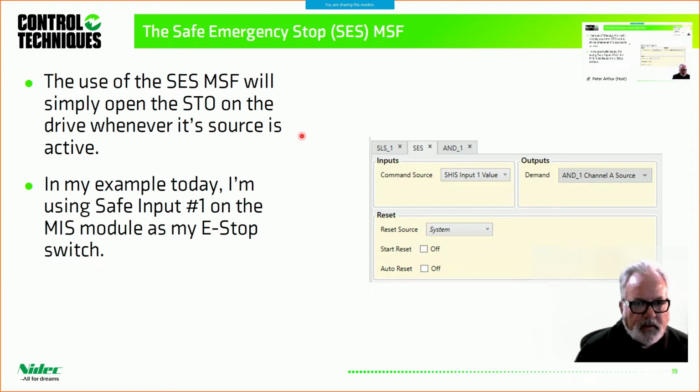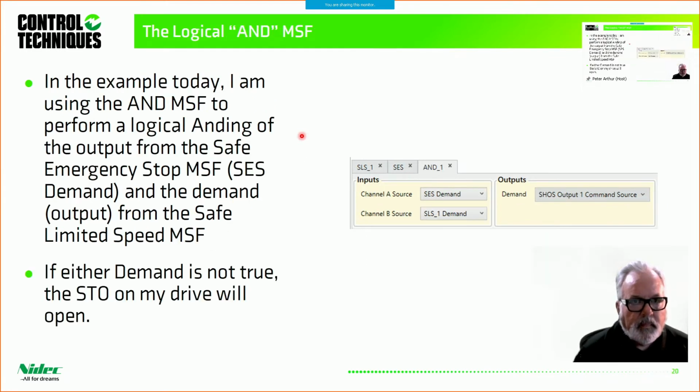Then there's safe limited speed. The last thing I do in my example today is I'm using the logical AND machine safety function. So here, it's a 2-channel AND. This and this must be true to produce this.